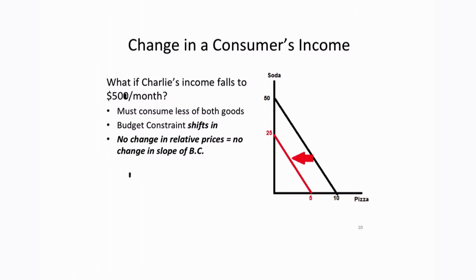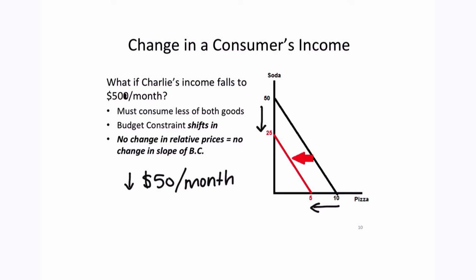Well, if his income is now lower, and he only has $50 per month to spend on pizza and soda, then he's going to consume less soda at the maximum as well as less pizza at the maximum. So we see that the total amount and the total combination of pizza and soda that he can consume declines. So we'll have an equal shift in the budget constraint if we have an increase or decrease in income, because the consumption of both of the goods will be affected.